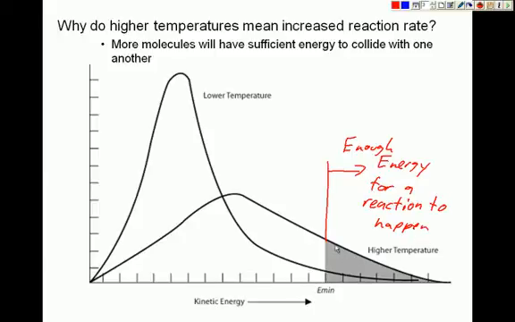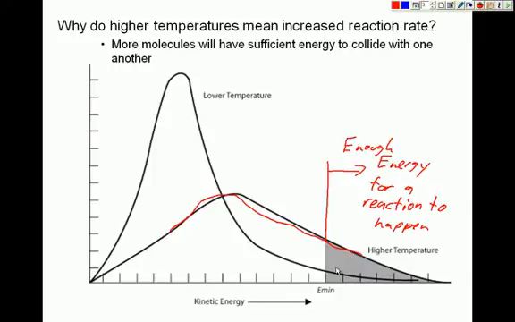So this new graph that we have, this one right here, has a higher temperature, and if we look at the amount of shaded gray area, it has many more particles with enough energy for a reaction to happen.